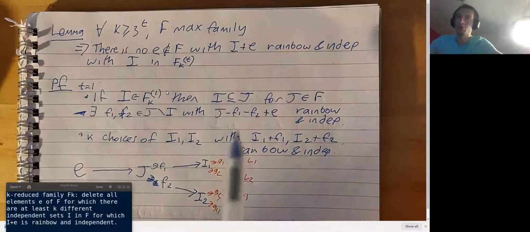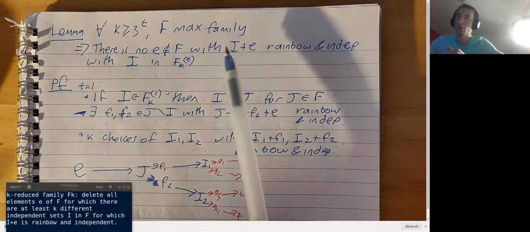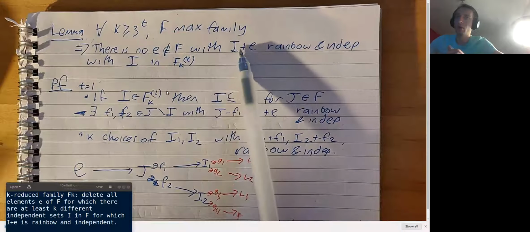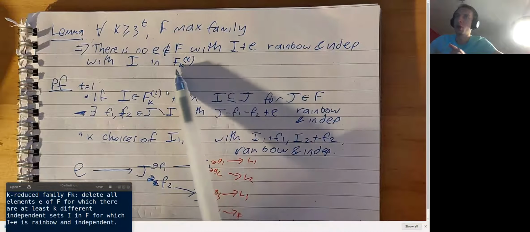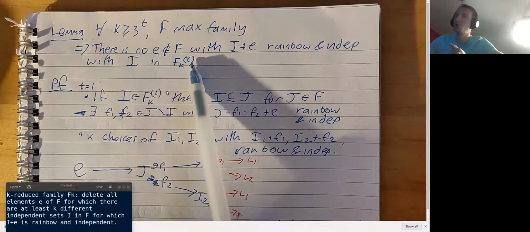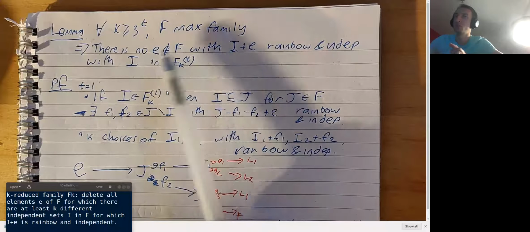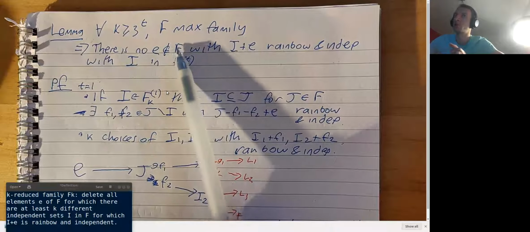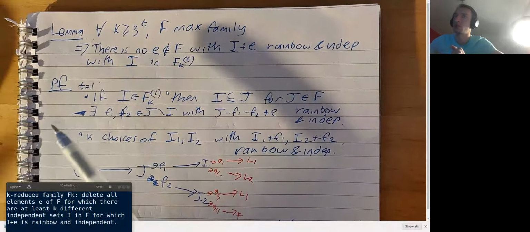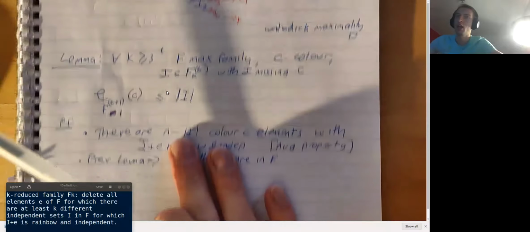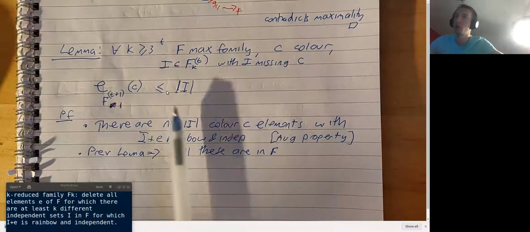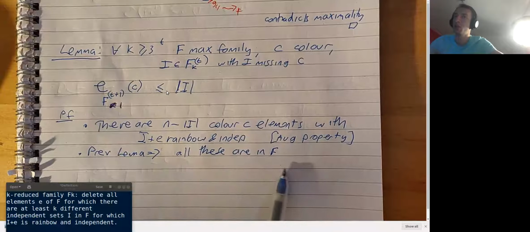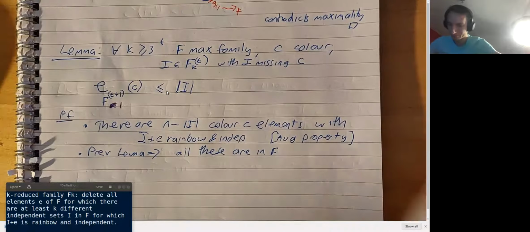Right, so if you go back to the previous lemma, it tells you that if you can move something onto an element in the reduced family, then this element couldn't come from outside of the family because you have this maximality condition. So any element from a missing color you can move to this independent set had to be in the original maximum family.